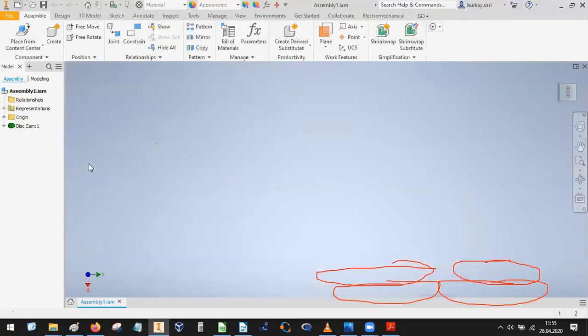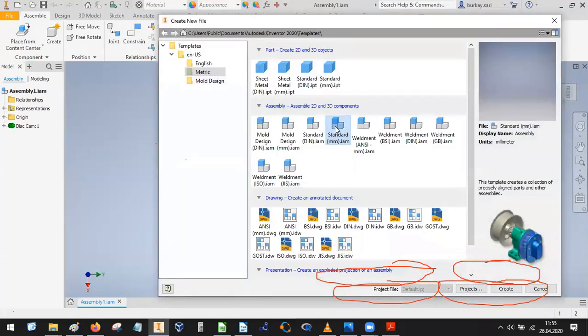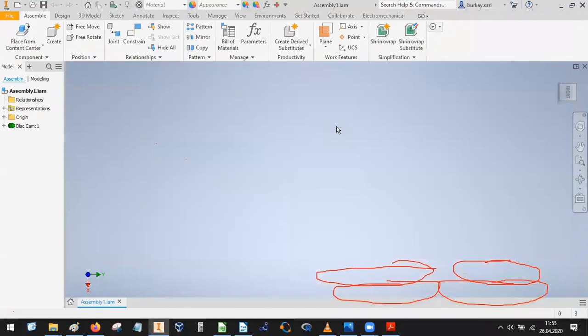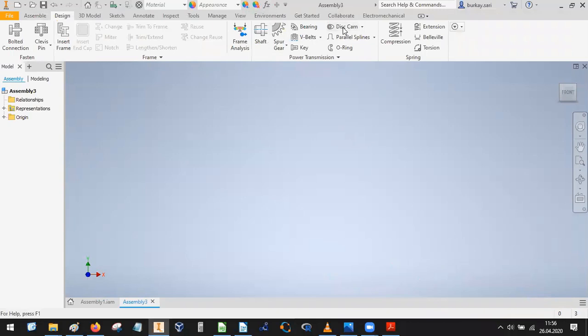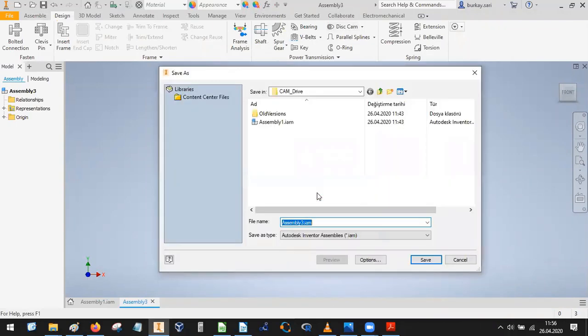Please open a new Inventor standard millimetric IPT assembly. Again, to design with this cam. This is the valve assembly, let's say.